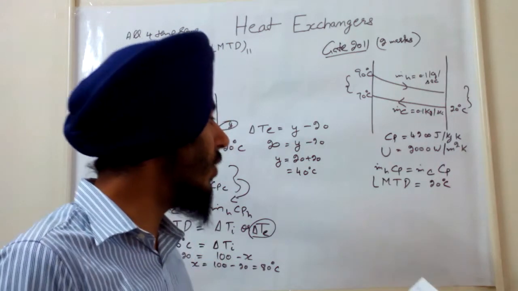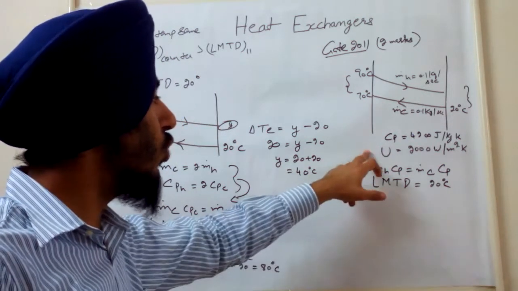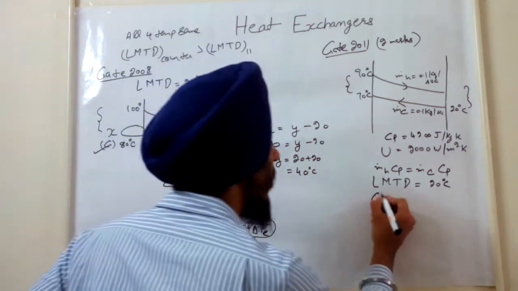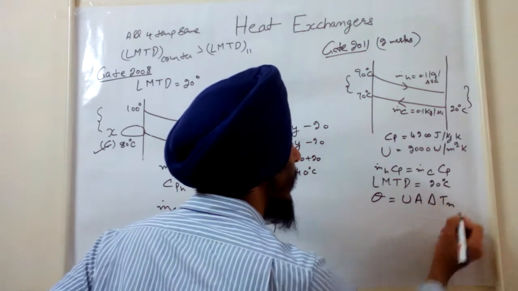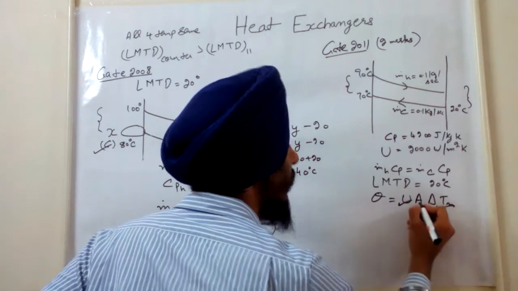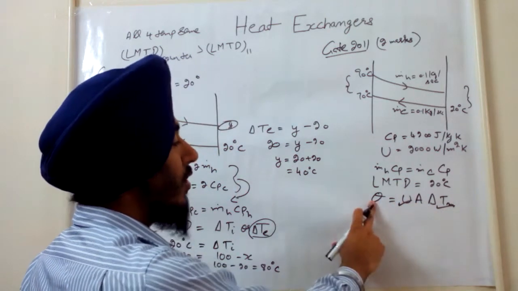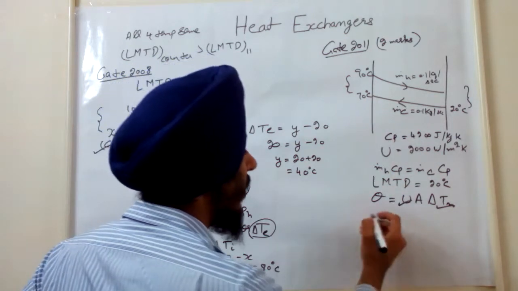Now we have LMTD. We are knowing U, and we have to find out Q, so that we can use Q is equal to UA delta Tm. These two we are knowing. This we have to find out again by using these conditions.